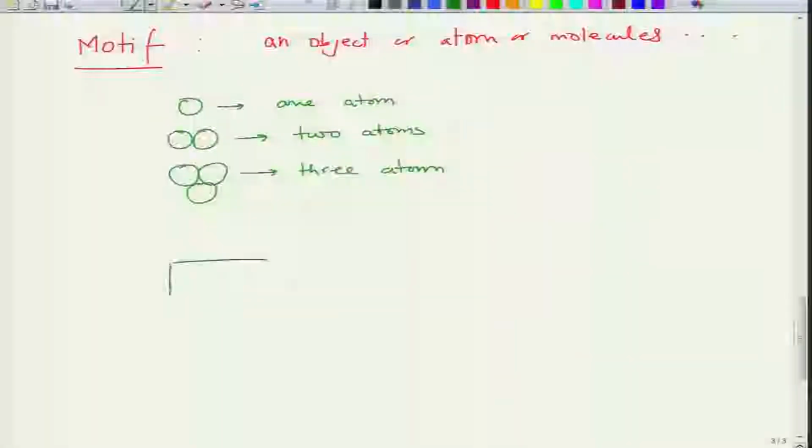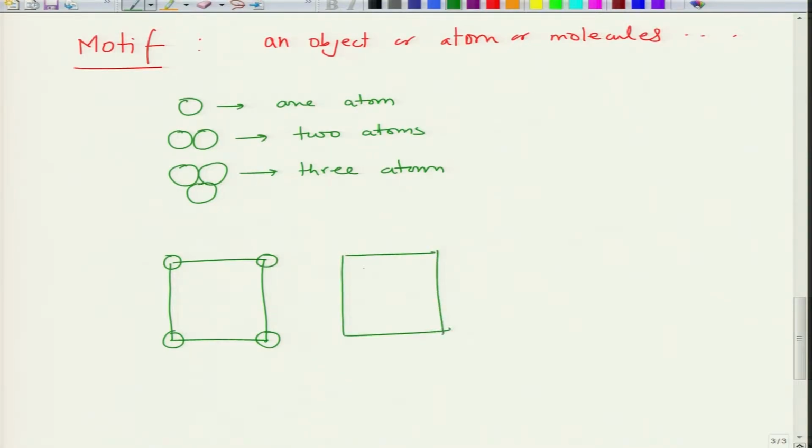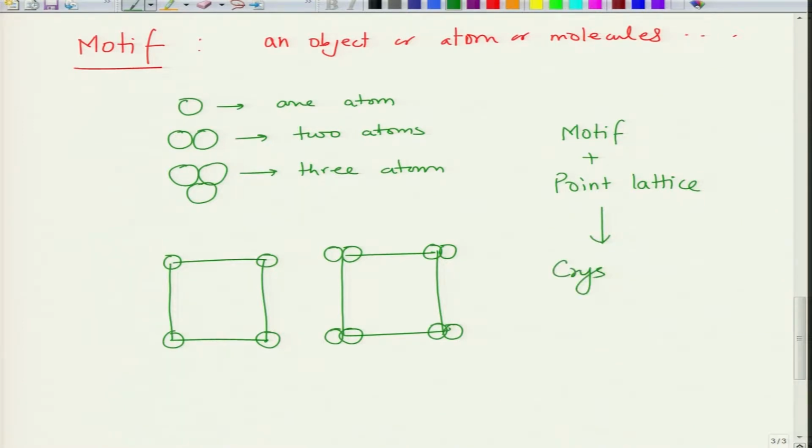On this unit cell I can construct, using the first one, a unit cell like this, or I can have a unit cell in which I can put the atoms like this. Provided they are put in such a manner that the neighborhood remains identical and the arrangement remains periodic, they will all make what we call a lattice. So, when you put this motif plus point lattice, then what we make is called a crystal lattice.